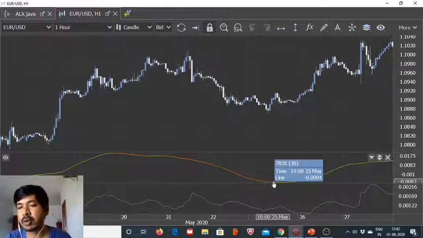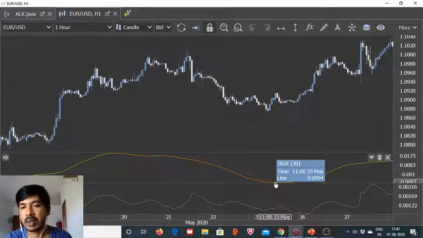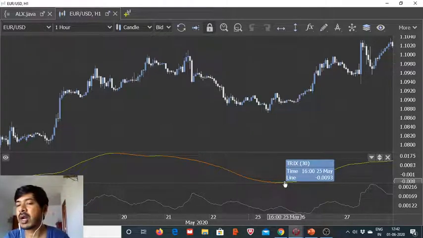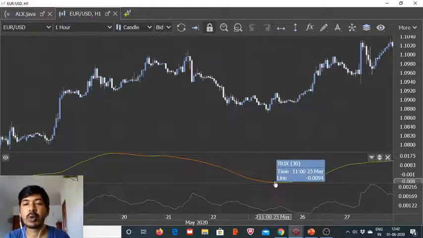So here, as you can notice, the TRIX value keeps falling till 11 GMT of 25th May, and from there onward it flattens and then starts to rise, and at that point in time our algorithm will no longer be looking for the sell trade.